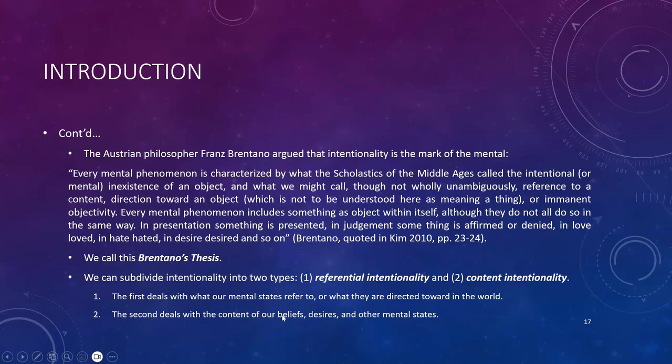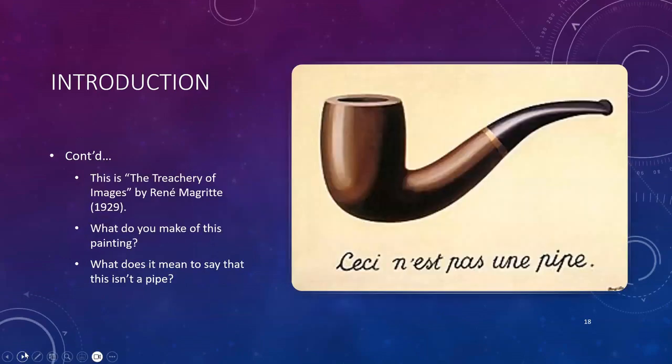Content intentionality refers to the object within itself, right? What is the content of my beliefs and desires, of my mental state? So that is the difference. Referential intentionality is directed out there in the world, and content intentionality is what the mental states themselves are about.